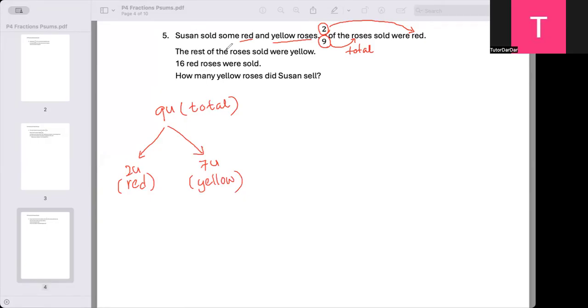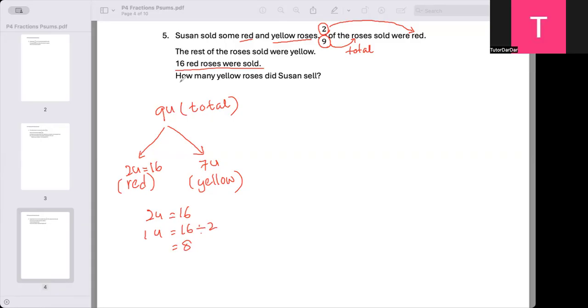Okay, they say the rest of the roses sold were yellow. Now, 16 red roses were sold. So that means this 2U, which is red, is equal to 16. So based on this, 2U is 16. 1U is going to be 16 divided by 2, which is 8.